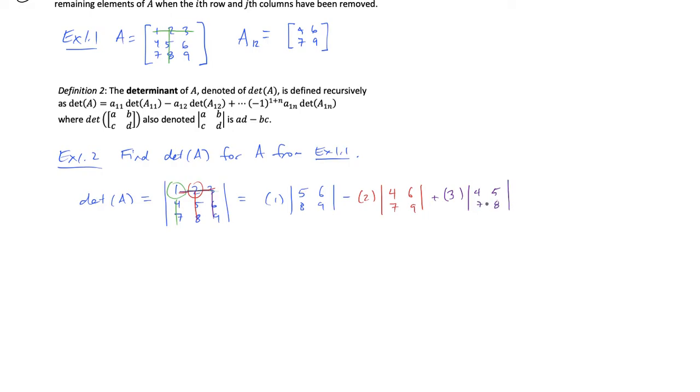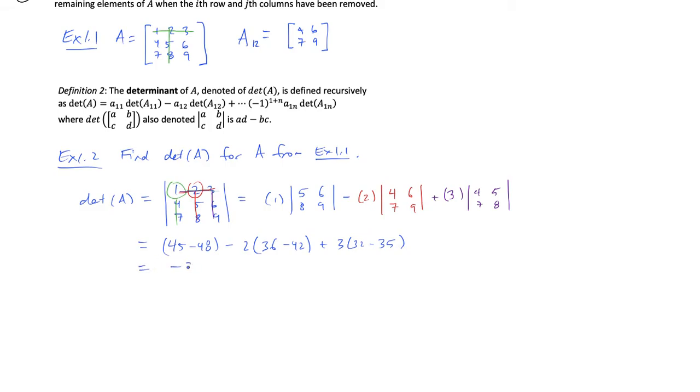Okay, so now we use the definition of the determinant of a 2 by 2 matrix to figure out what those numbers are. This is going to be 1 times 45 minus 48, minus 2 times 36 minus 42, plus 3 times 32 minus 35.